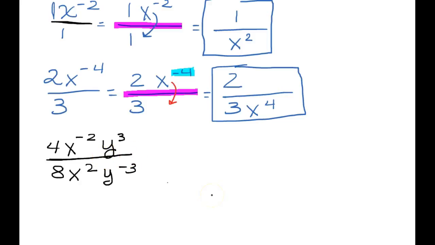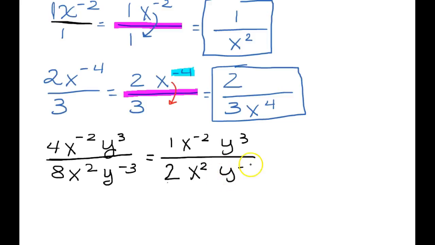It looks like it's just being copied, doesn't it? What I'm going to do is separate out my integers first. We all know that 4 over 8 is really 1 over 2, x to the negative second, y to the third, x squared, y to the negative third.